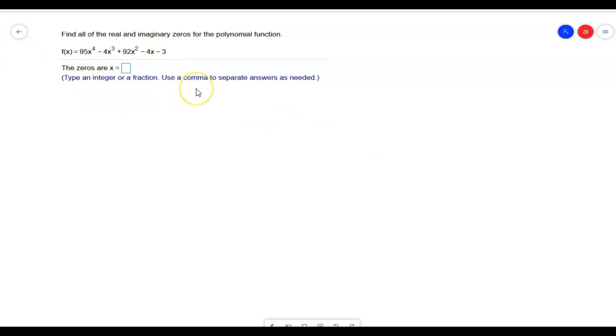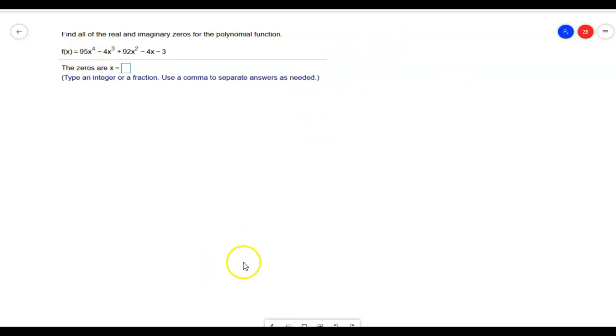If it is one of those real rational roots, then it has to be a factor of the last value here, some factor of 3, over some factor of the first coefficient of 95. We're going to look at those.